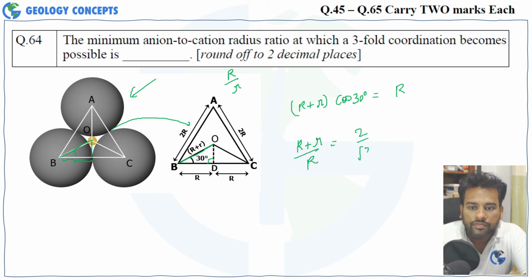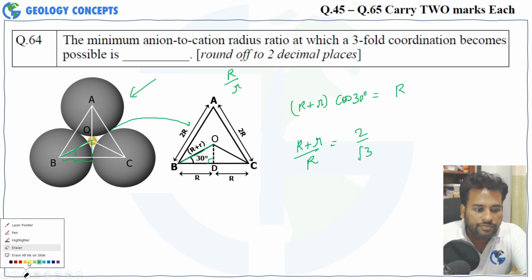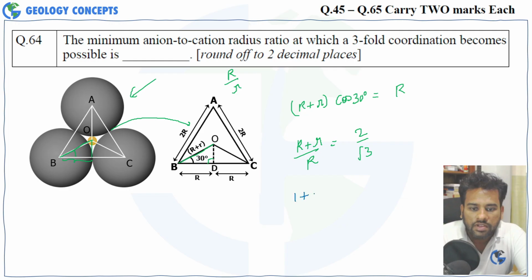Now if I distribute it, I'll get 1 plus r by R is equal to 2 by root 3. So from here we get r by R is equal to 2 by root 3 minus 1.